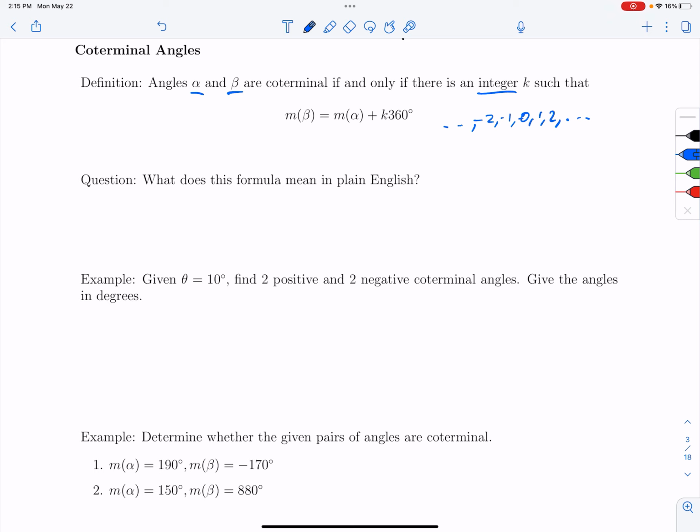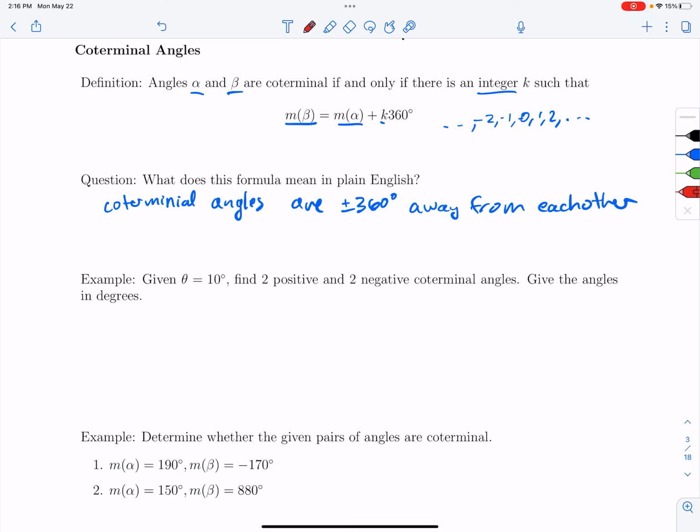Where k is an integer, what this is saying is the measure of angle beta is equal to the measure of angle alpha plus that integer times 360. So in plain English, what this means is coterminal angles are 360 degrees, and it could be plus or minus, away from each other.